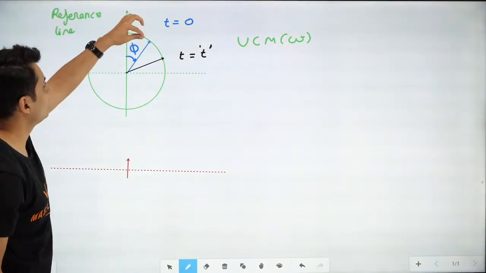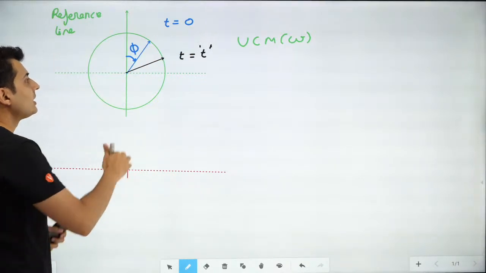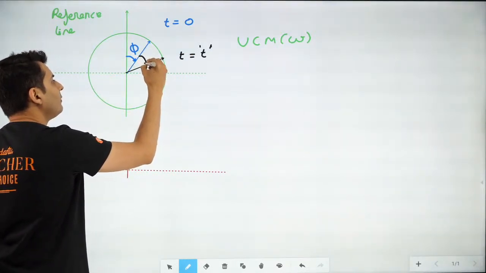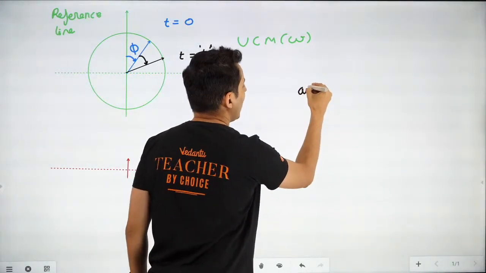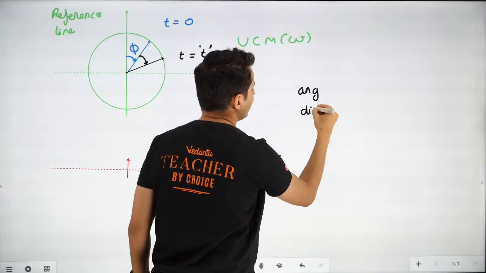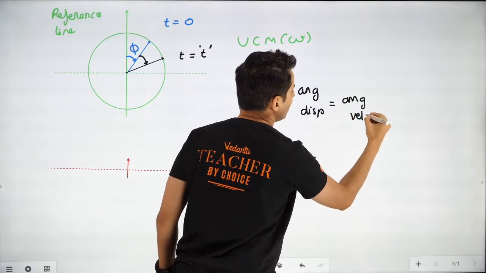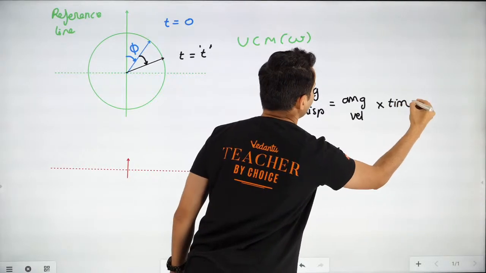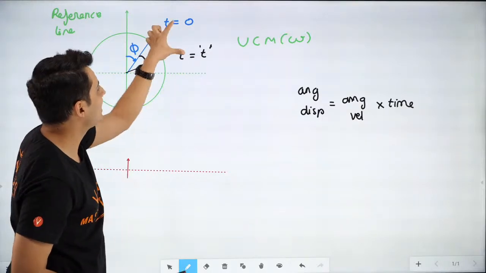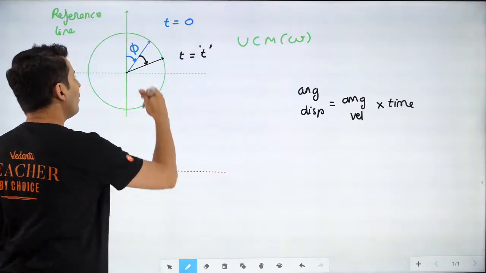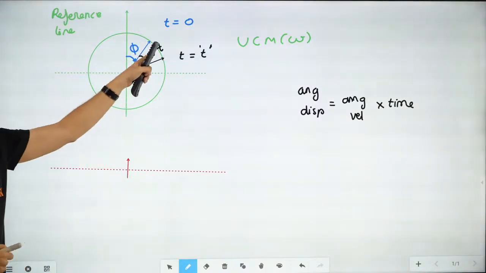So earlier it was here, and it has displaced by some angle in some interval of time t. How much will this angle be? Angular displacement will be angular velocity multiplied by the time taken. So guys, won't it be omega into t? Isn't it going to be omega t?